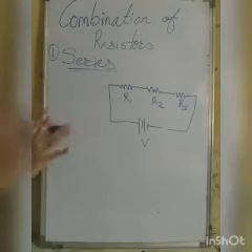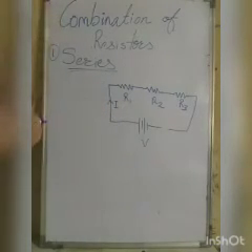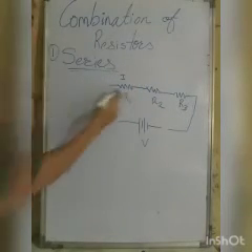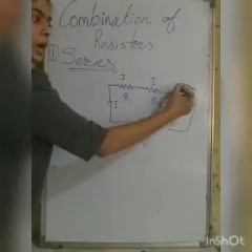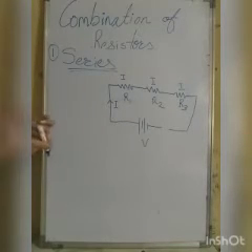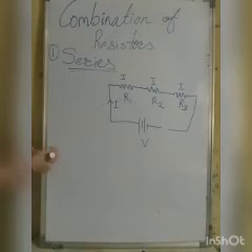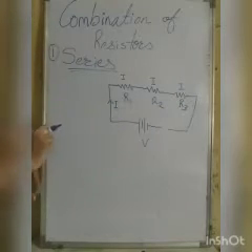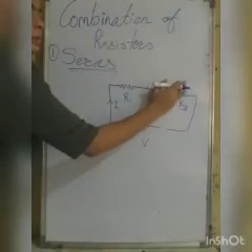Now I have already told you that the current in the circuit is the same. The same current I will flow through R1, through R2, and through R3 as well. So my current will flow through each and every element. My current I is the same in series connection. But what about voltage?